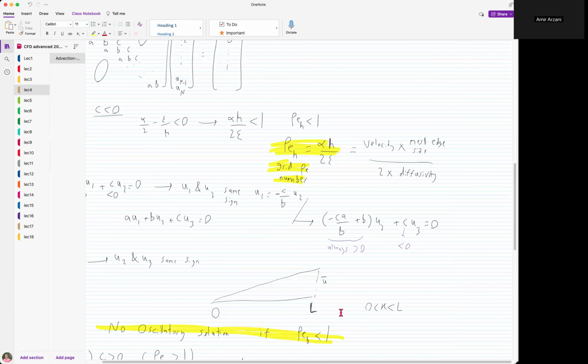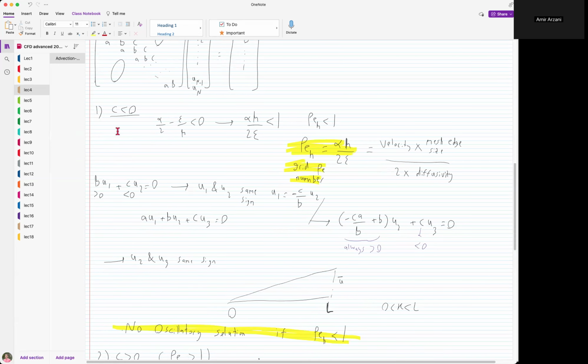So what this means is that in this case, where C is negative, meaning that the grid Peclet number is less than 1, as I move through my mesh, my nodal solutions, U1, U2, U3, and so on, do not change sign. In other words, I have no oscillatory solution. My solution monotonically increases from 0 to L in a nice way. And this is what I like to have, right?